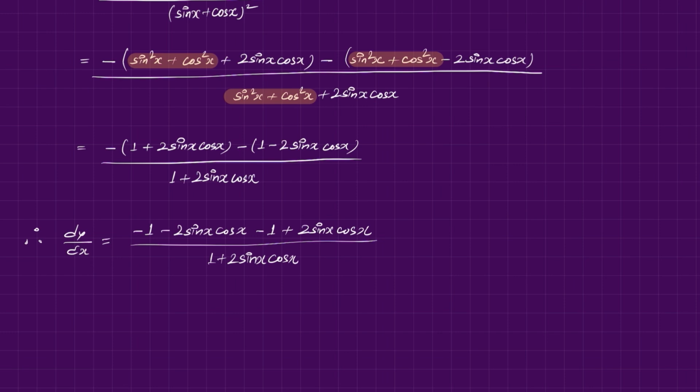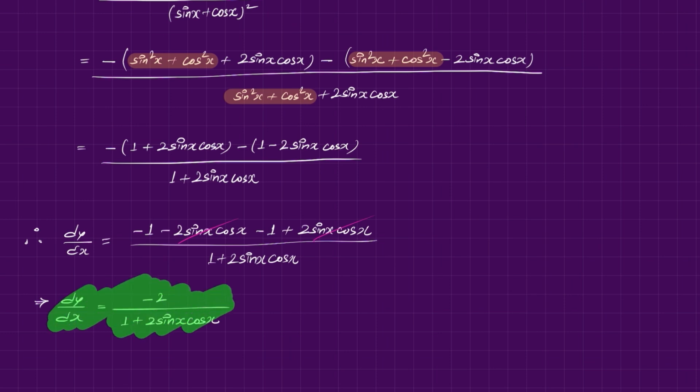Here the minus 2 sin x cos x plus 2 sin x cos x gets 0. So dy over dx is minus 2 by 1 plus 2 sin x cos x. So this is the value of dy over dx.